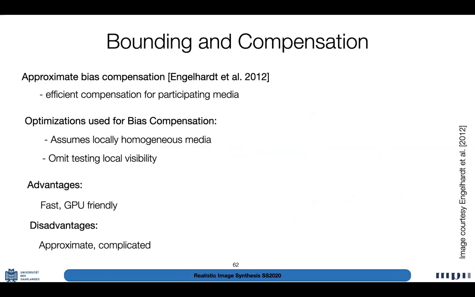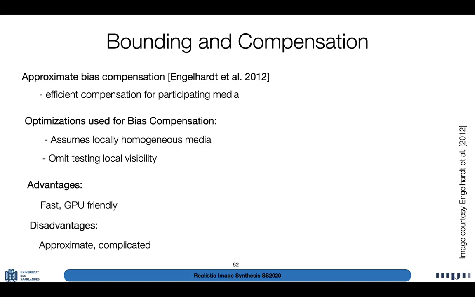So the idea was pretty simple. They optimize using the corresponding bias compensation there. So they compensate the bias. And one thing they assume here is that everything is locally homogeneous. We remember from last lecture that homogeneous media is something where the scattering coefficients are constant. So when they say they are assuming locally homogeneous media, it means that maybe they define a local region where everything is homogeneous.